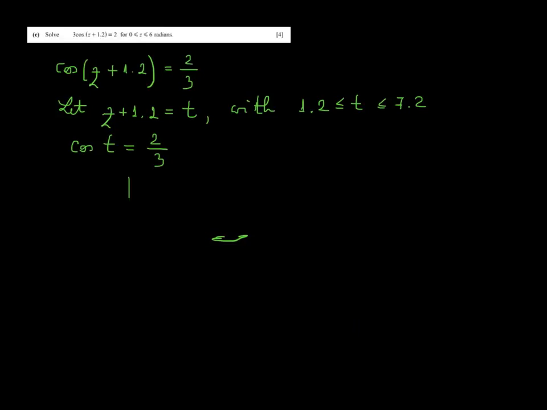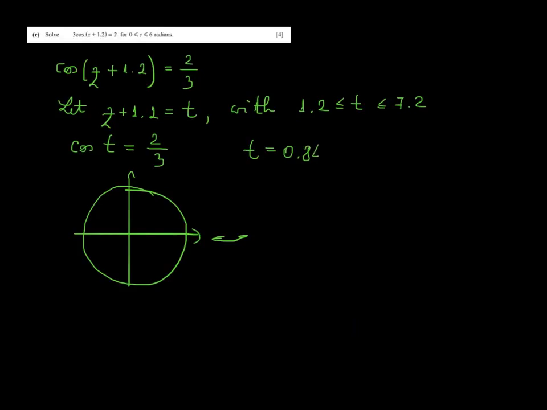As always, I'm looking at the trigonometric circle. So within the first revolution, I'm always finding the solutions within the first revolution. And within the first revolution, my t is inverse cos of 2 over 3, which is given by my GDC, by my calculator, 0.841 to 3 significant figures.